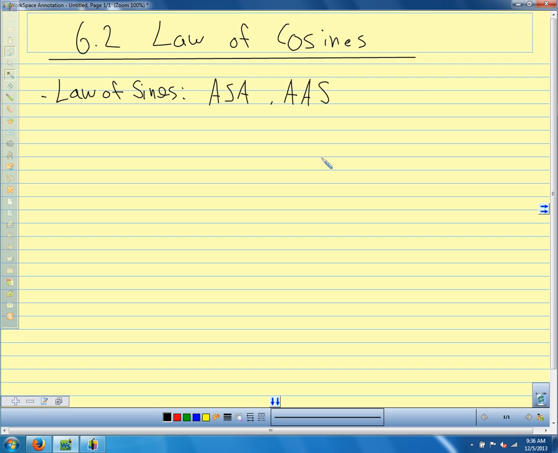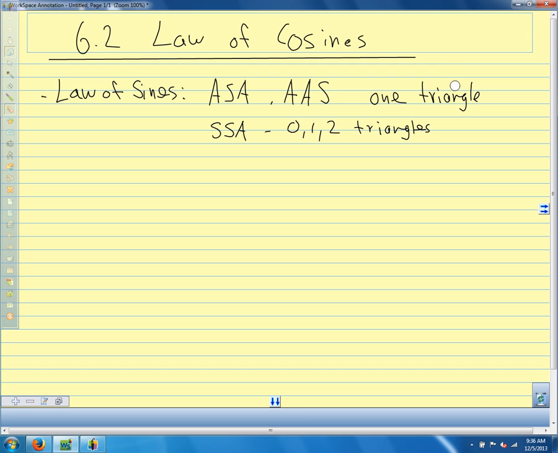Those give us unique triangles, so we always end up with one triangle. Then we have the possibility for the ambiguous case when we have a side-side-angle triangle, and we can have 0, 1, or 2 triangles. So side-side-angle is a case where we have to be careful. We have to check to make sure that we actually end up with a triangle.